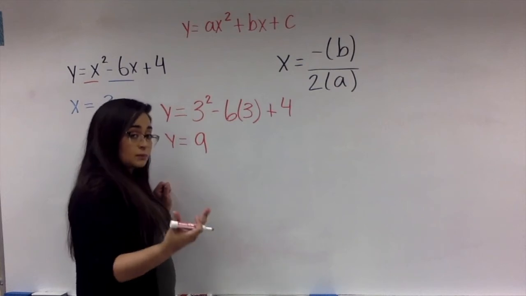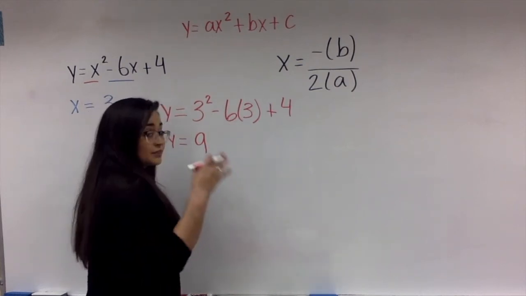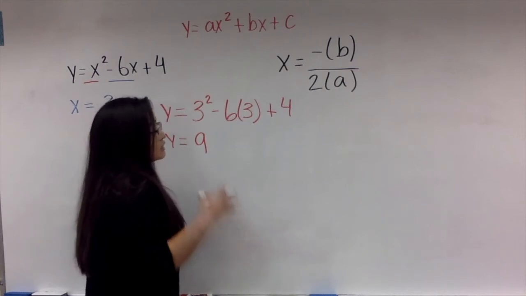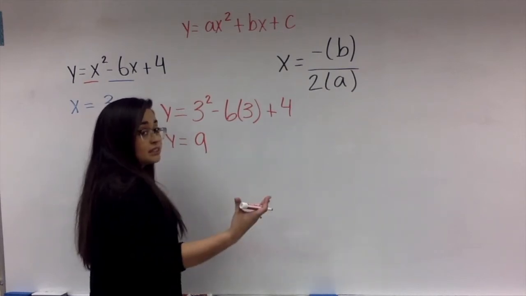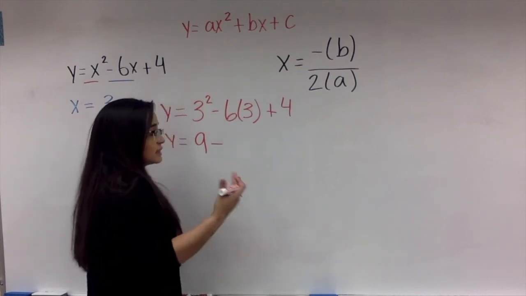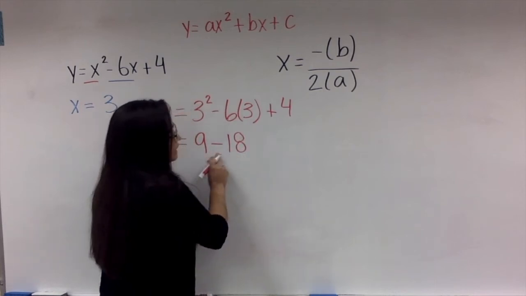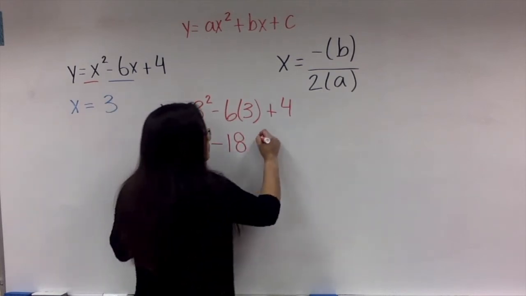Now we're going to multiply. We're going to multiply negative 6 times 3, which is multiplying a negative and a positive, which means our answer will be negative. So 6 times 3 we know is 18, so our answer is negative 18 plus 4.